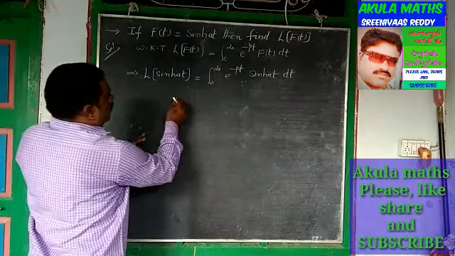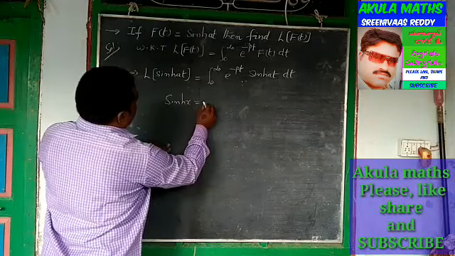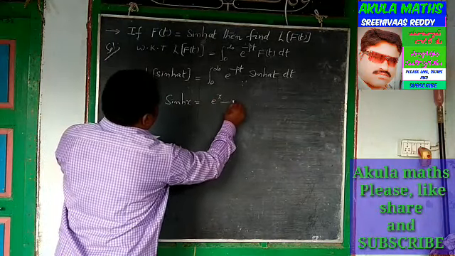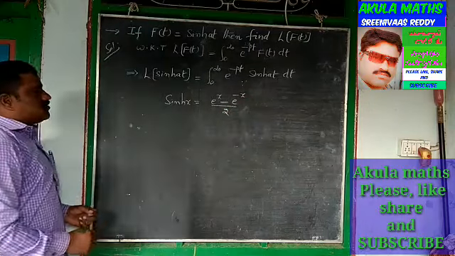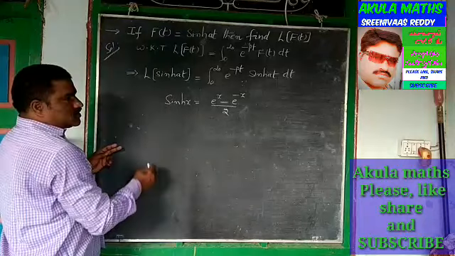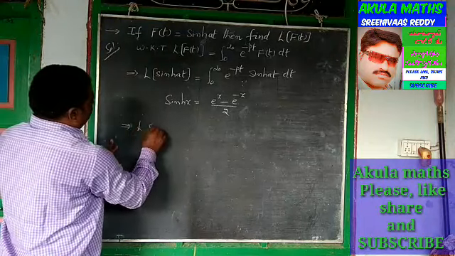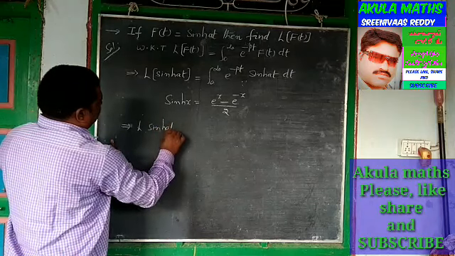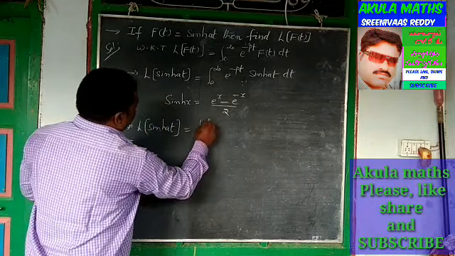Already we know one formula, sinh x is equal to e power x minus e power minus x by 2. So L of sinh at is equal to integral 0 to infinity e power minus pt.